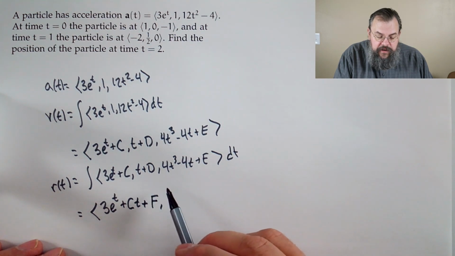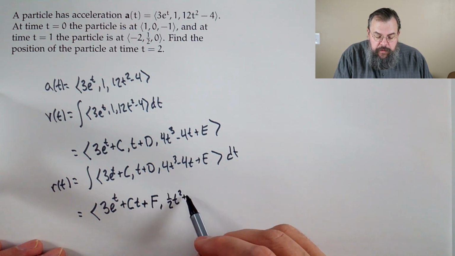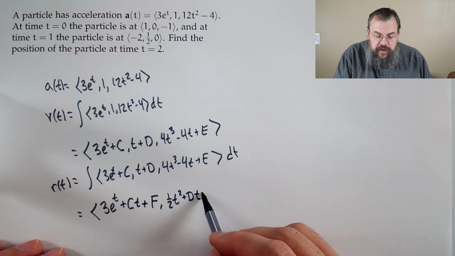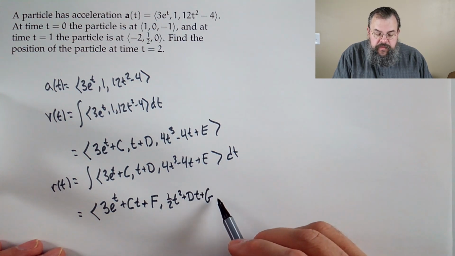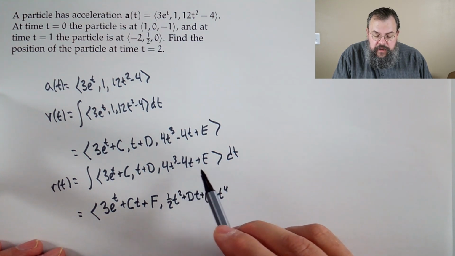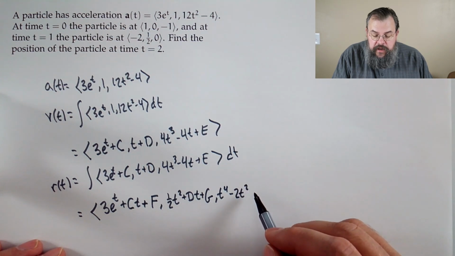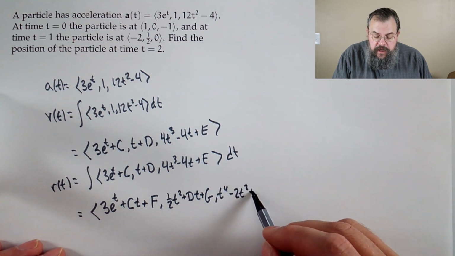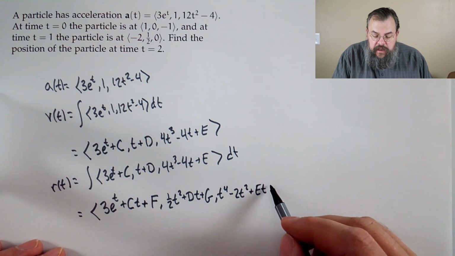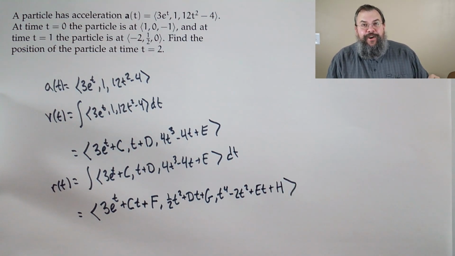And then the integral of t plus d, a half t squared plus d times t plus g. And then t to the 4th. And the integral of −4t is −2t squared. And the integral of e is e times t. And then h.